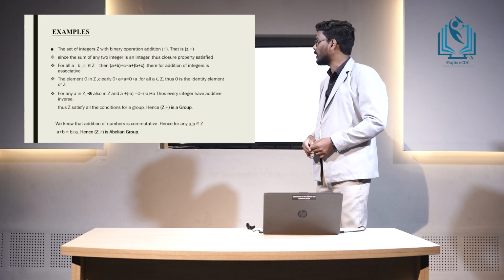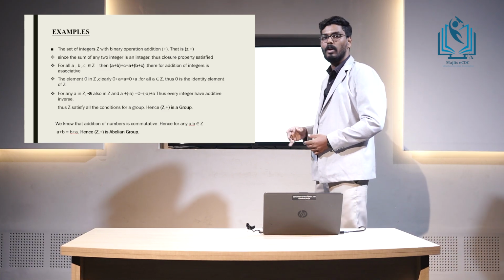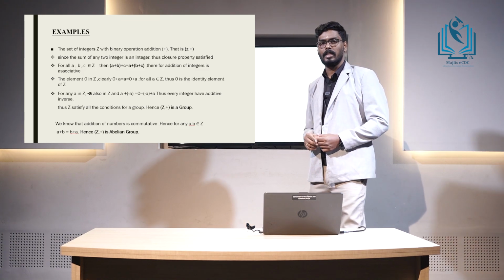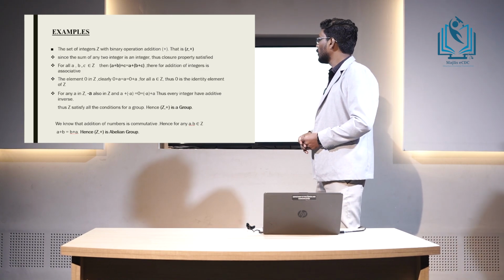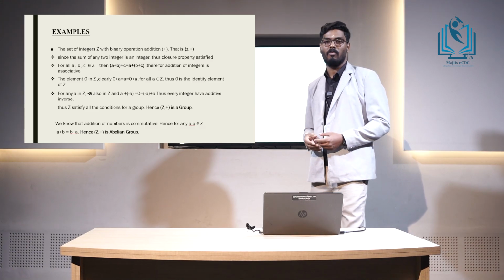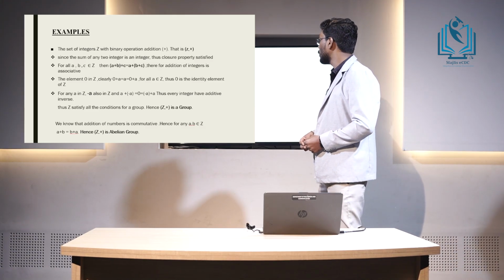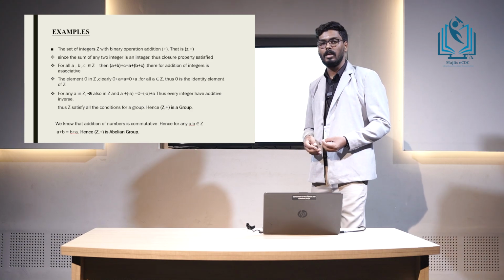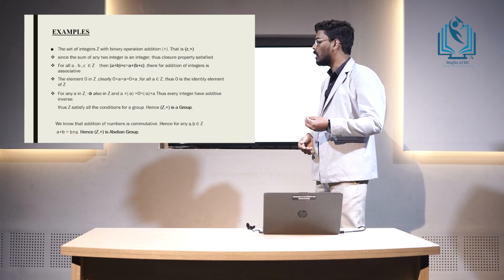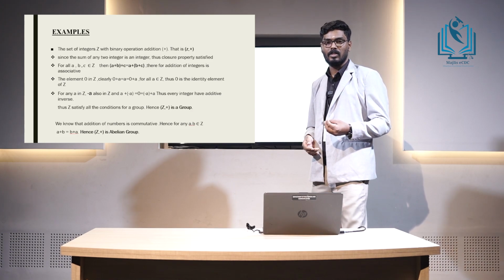Now let us consider another example. I am considering the set of all natural numbers N along with the binary operation minus, that is the usual subtraction. Clearly N along with the binary operation minus is not a group. Why? Because for elements A and B from the set of all natural numbers, A minus B will not always be an element of N. What is the reason?